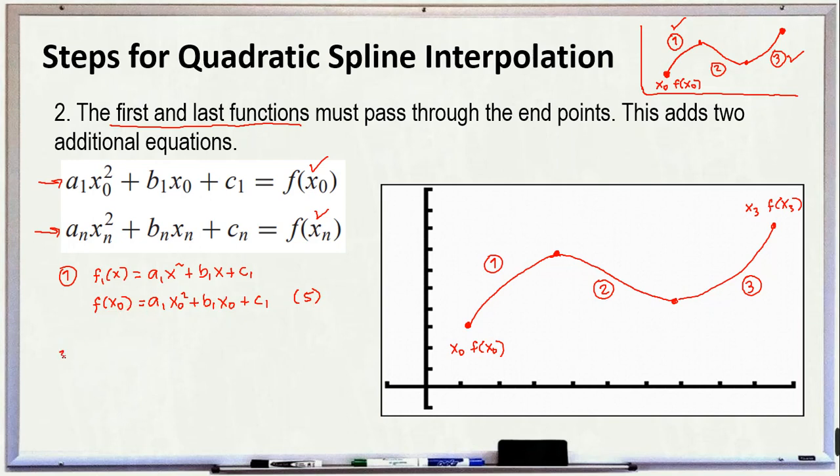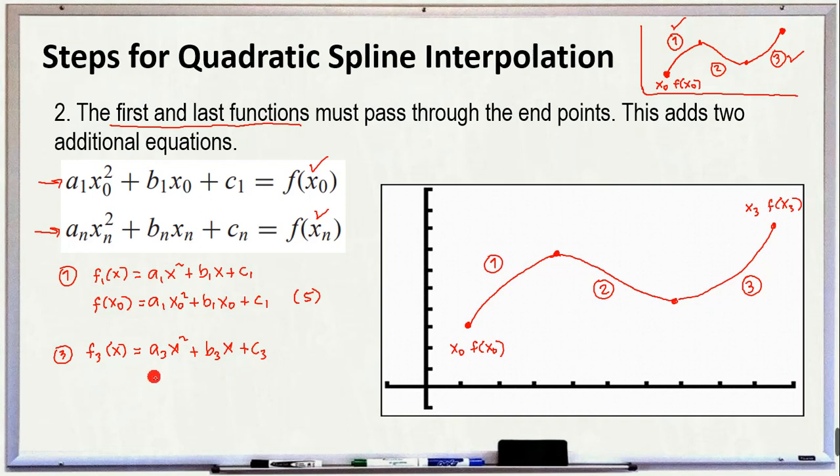So for our third quadratic function in our example, we have f3 of x, represented as a sub 3 x squared plus b sub 3 x plus c sub 3.